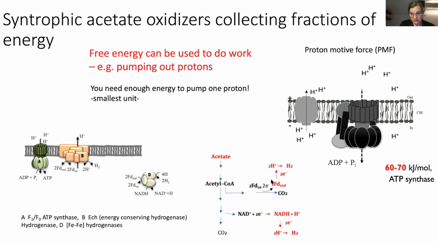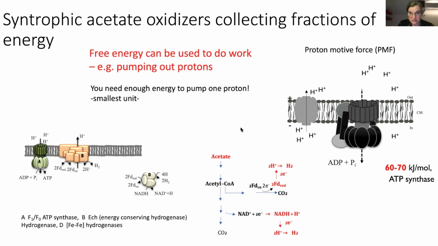They take this ferredoxin and this NADH, transfer the electron to protons, and they use the free energy to pump protons over the membrane, or they consume protons on the inner side of the membrane. Both together create a proton gradient over the membrane. You might have that in your lectures. It creates altogether a so-called proton motive force.